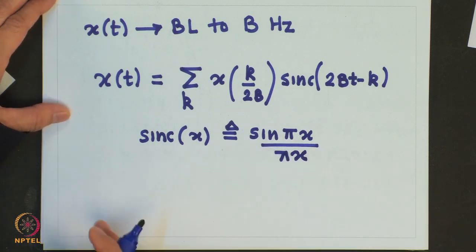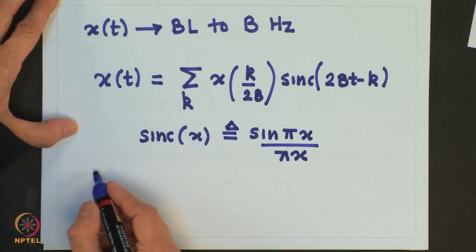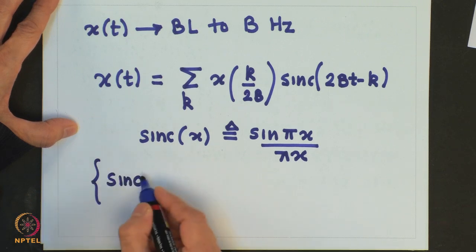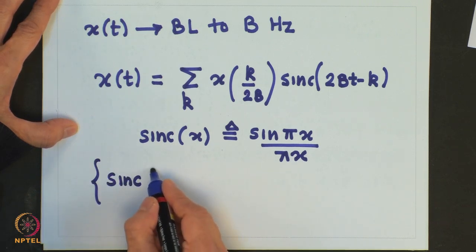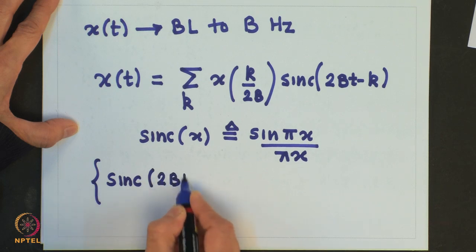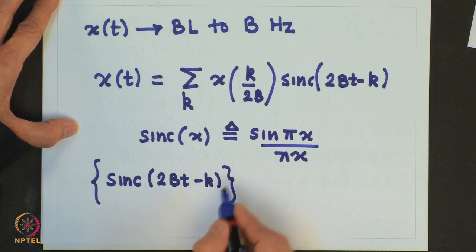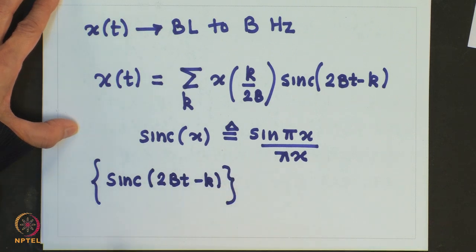And it is not very difficult to show that this set is basically an orthogonal set.